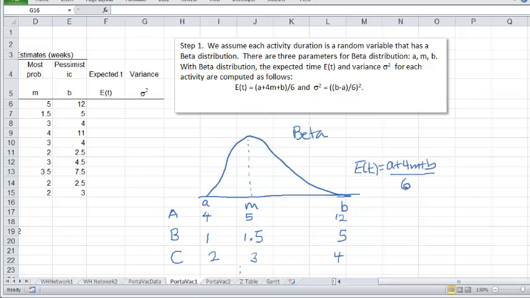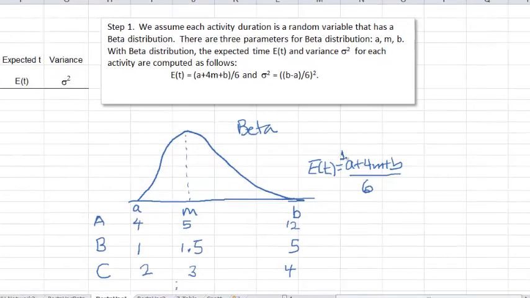That's basically the weighted average of A, M, and B. The weight for A is 1, weight for B is 1, and weight for M is 4. And here 6 is the sum of the weights, 1 plus 4 plus 1. Okay, and the variance is B minus A over 6, and square the result.